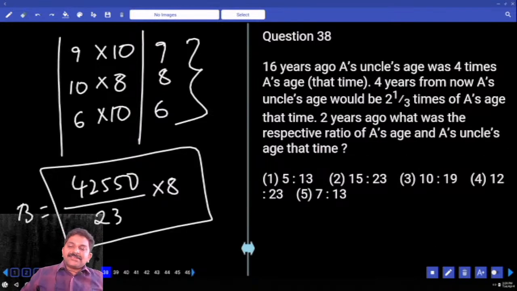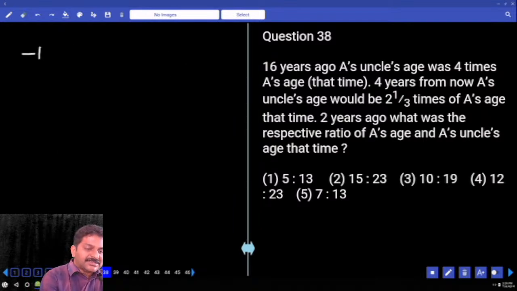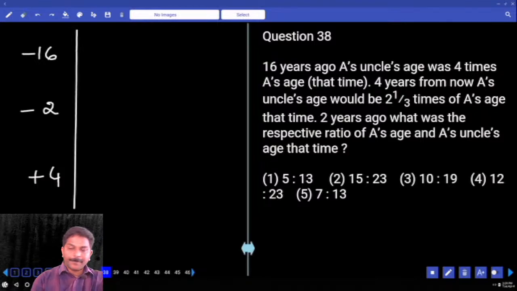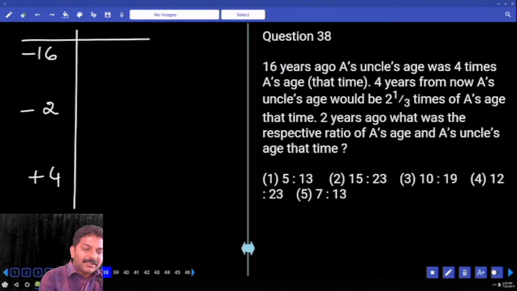16 years ago A's uncle's age was 4 times of A's age at that time. 4 years from now A's uncle's age would be 1/3 times of A's age at that time. 2 years ago what was the respective ratio of A's age and then A's uncle's age at that time? 16 years back, after 4 years, the question is about 2 years back, correct? 16 years back, A and then A's uncle.